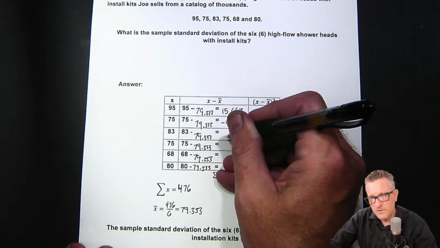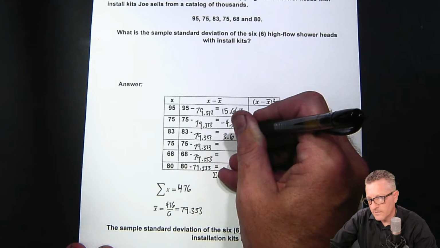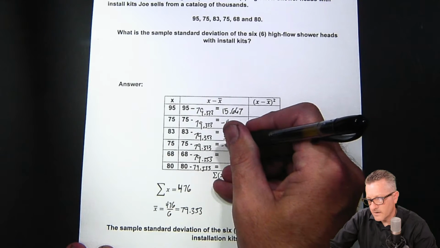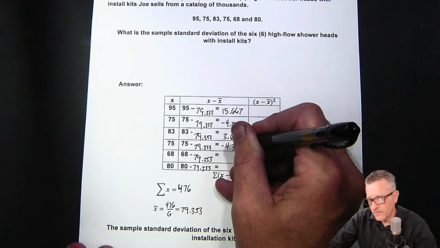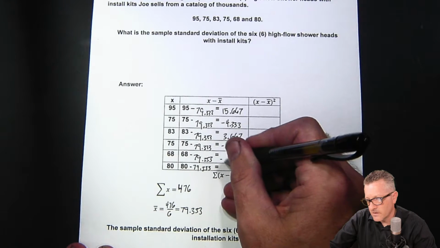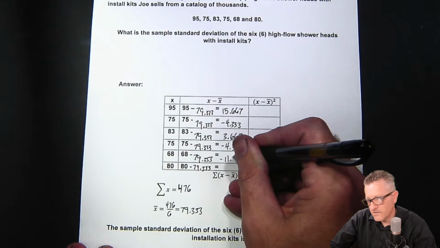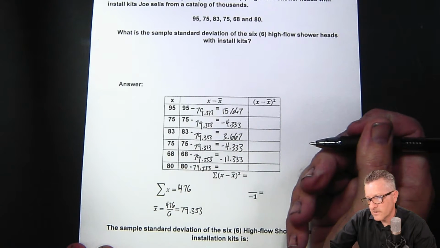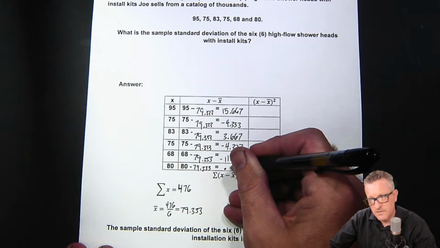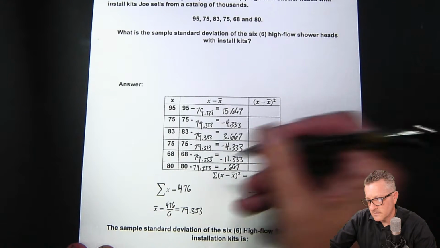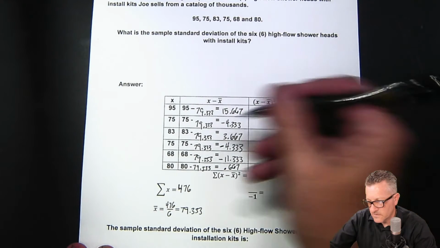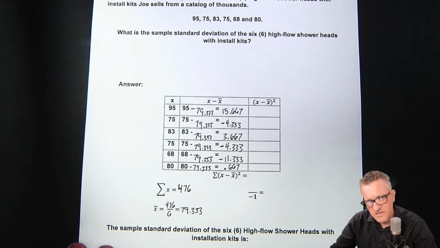And then the next one is 3.667, and then negative 4.333, and then negative 11.333, and then the last one is just 0.667. Okay, that's a negative. That's a negative. That's a negative.